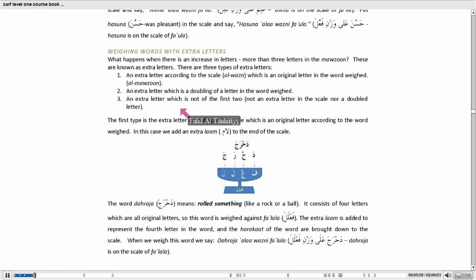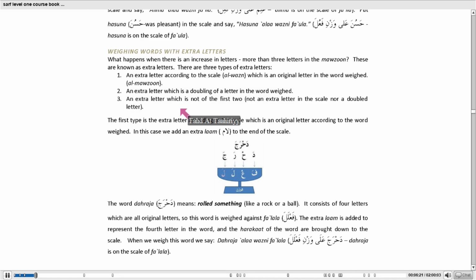It doesn't mean that there aren't more than 3 original letters, but 3 is the least. This is because there are some words which contain 4 letters which are all original.